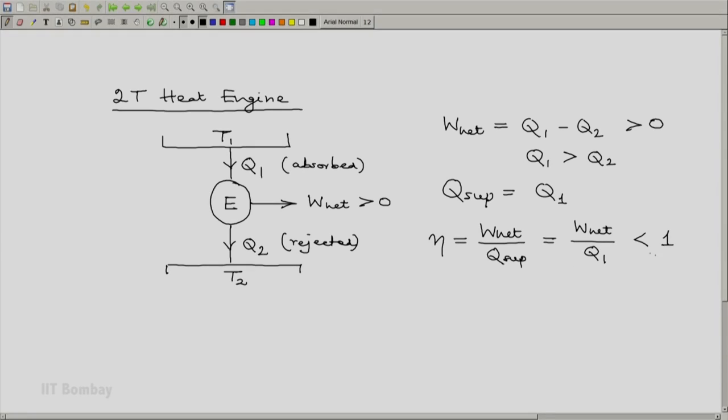And obviously, since it is less than 1, we can say that such an engine does not violate the second law.